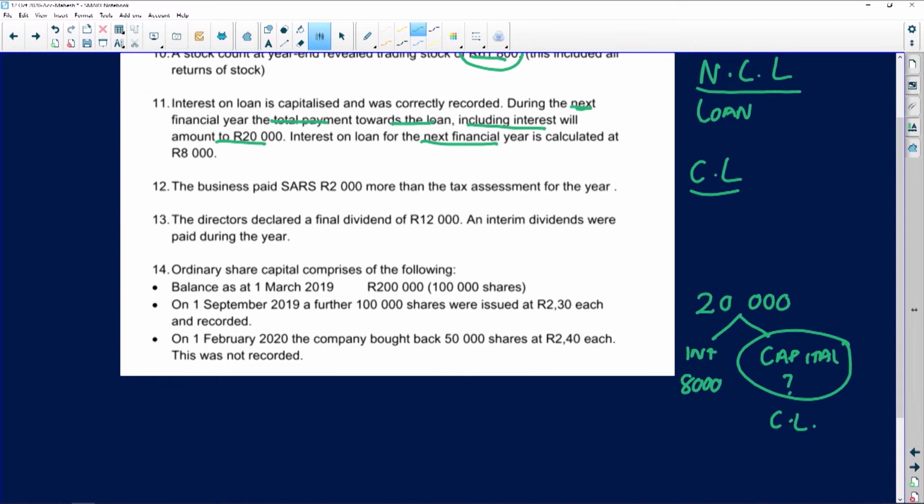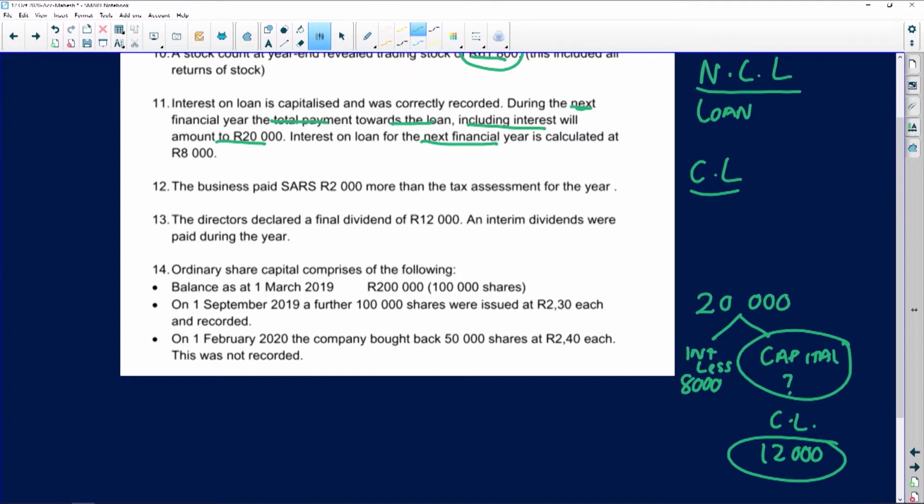So quite straightforward for us to calculate. The total 20,000 less 8,000 will give you the amount of 12,000 that's going to reduce our loan in the next financial year. So the actual entry itself, very straightforward.